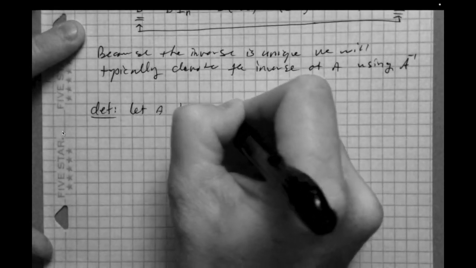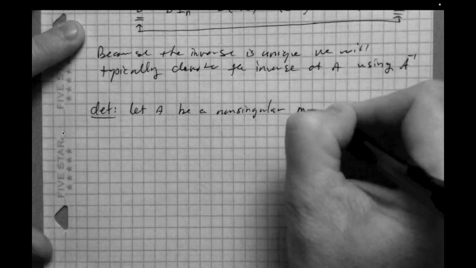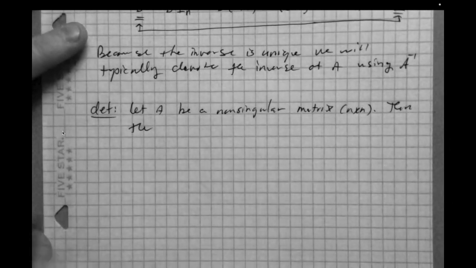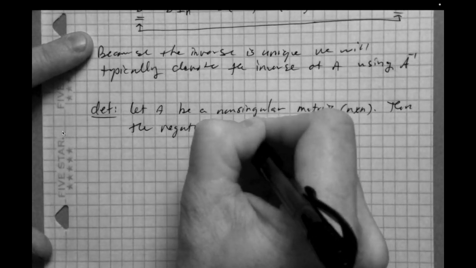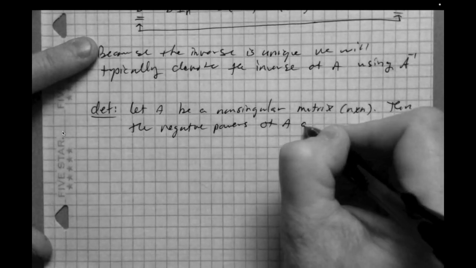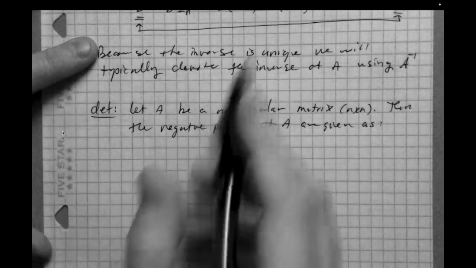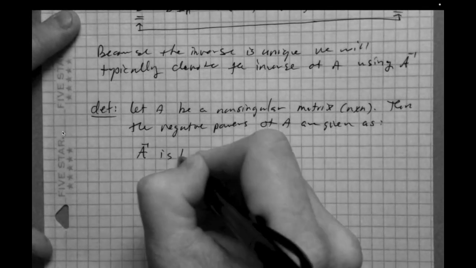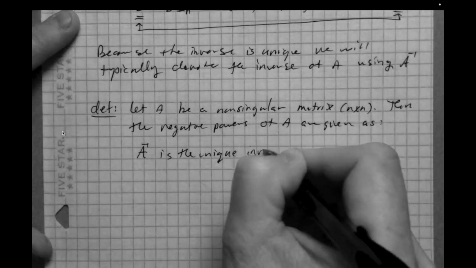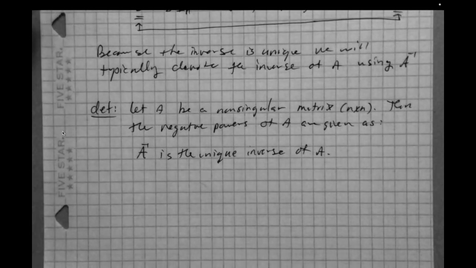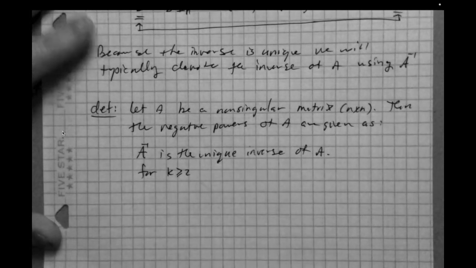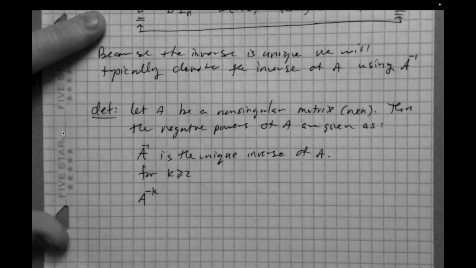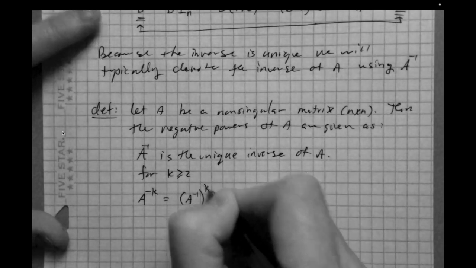Let A be a non-singular n by n matrix. Then the negative powers of A are given as follows: A inverse, the unique inverse of A. Then, for k greater than or equal to 2, A to the negative k is just equal to A to the negative 1 power raised to the k power.